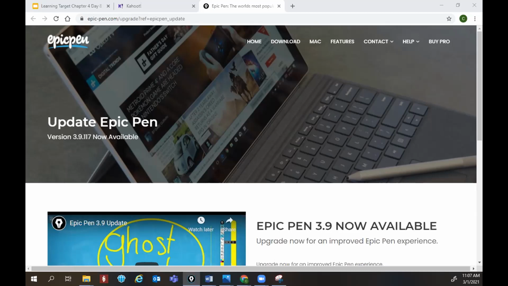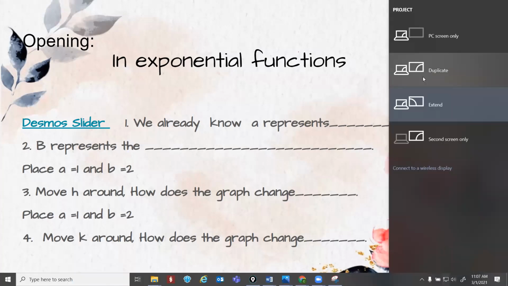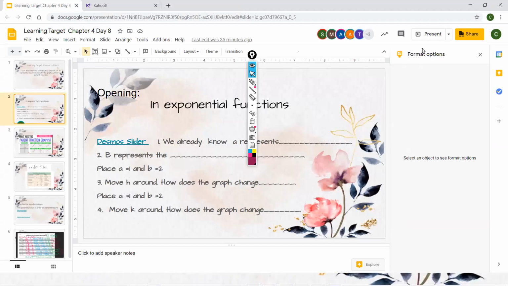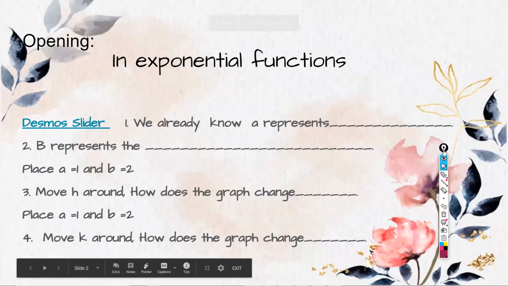Okay, so we already know what A represents. What does A represent? The initial value. So let's write that down. So A always represents the initial value, or what else is it called?